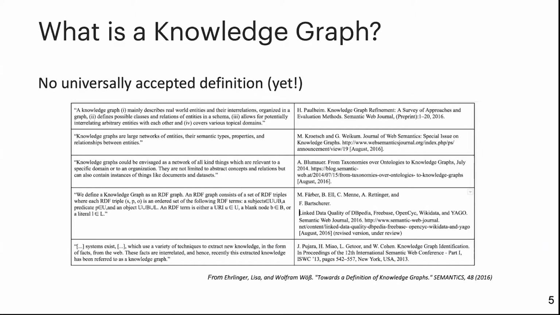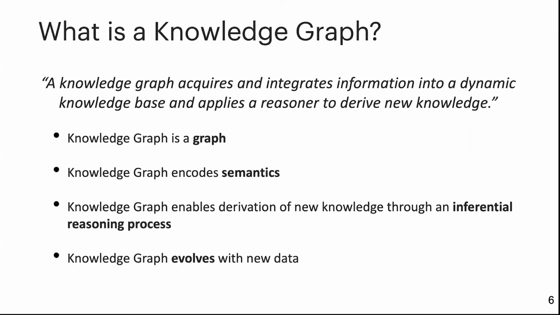So we have our own definition of a knowledge graph that synthesizes the main ideas. A knowledge graph in our view is a structure that acquires and integrates information into a dynamic knowledge base and applies a reasoner to derive new knowledge. So a knowledge graph is a graph in the first place.